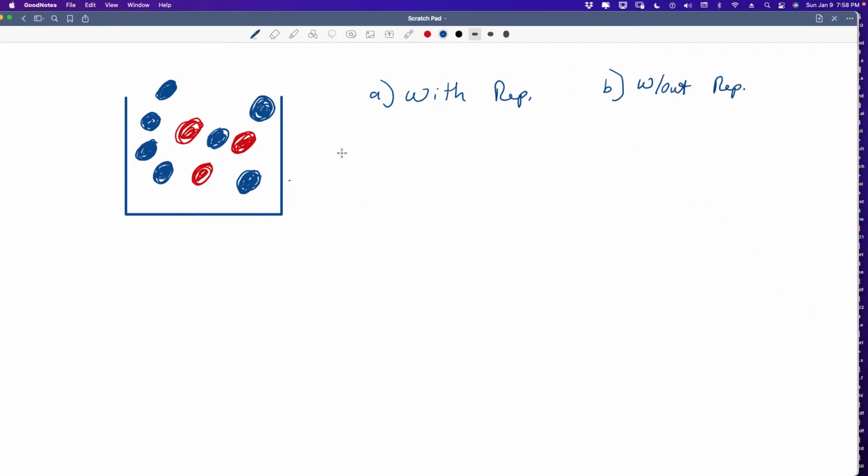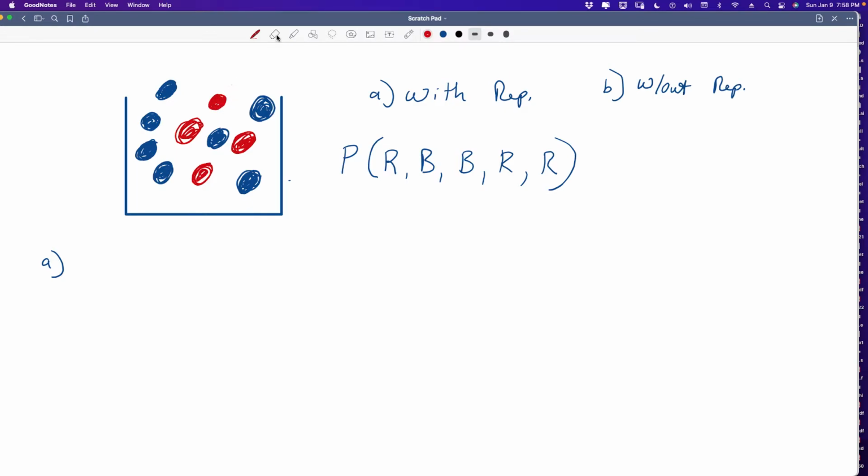All right, so I want the probability that I am going to get a red, blue, blue, red, red. That's what I want to draw. So here's my probability. Here's A with replacement. So let me put my red marble back in the bowl.